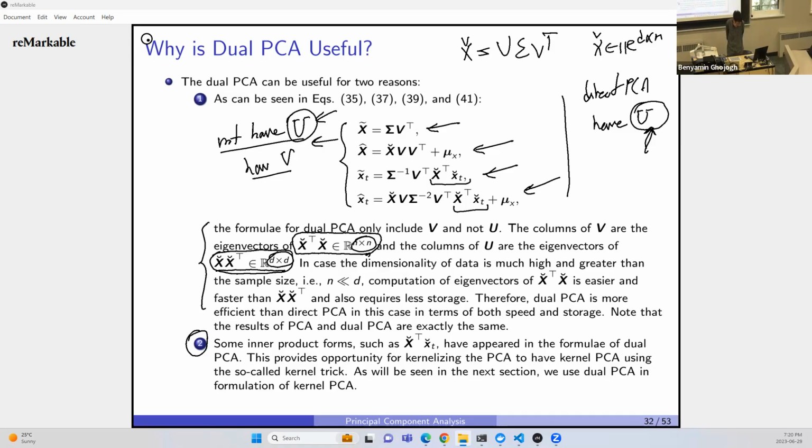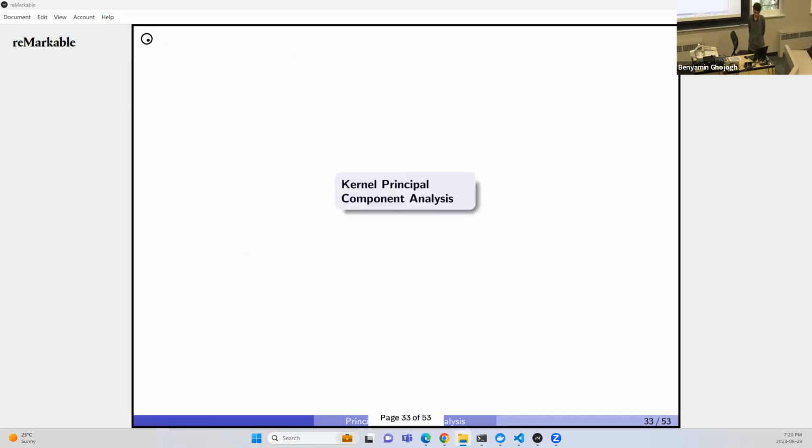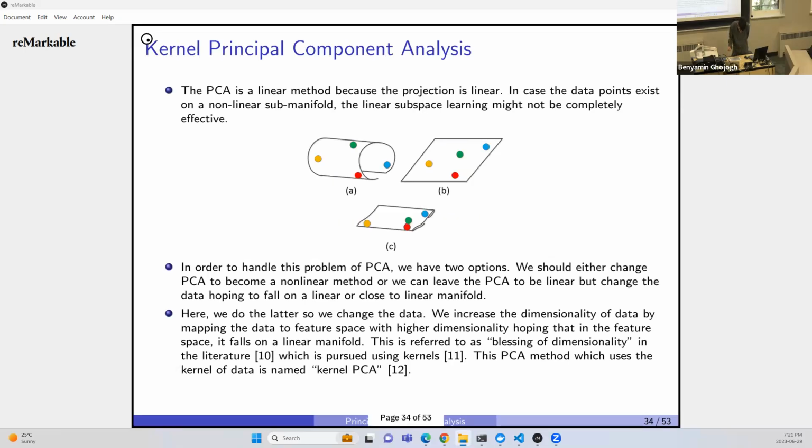Okay. Now let's talk about kernel PCA. So as I said, PCA is a linear method because its projection is linear, right? U transpose X projects onto the column space of U, for example. In case the data points are on a nonlinear manifold, such as figure A, if we apply PCA on it, which is a linear method, it assumes that the data is linear. Therefore, case C happens.